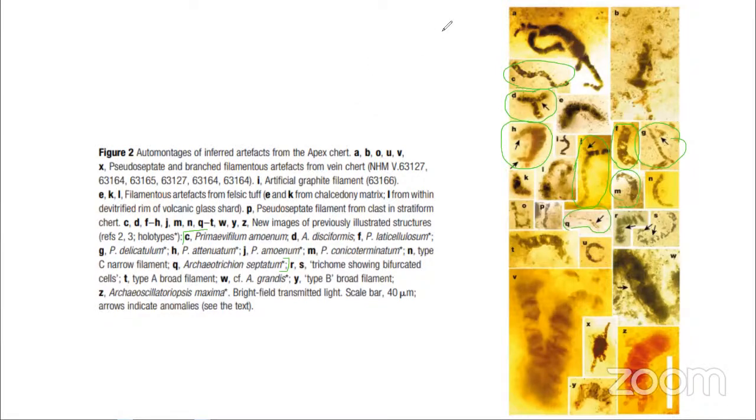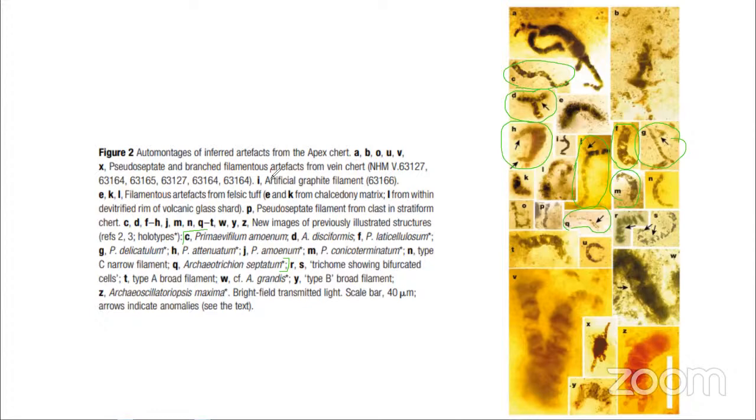So from this description, which are some of the ones that we know are not fossils? That first list, yeah. So here they're saying pseudoseptate and bridge filaments as artifacts.